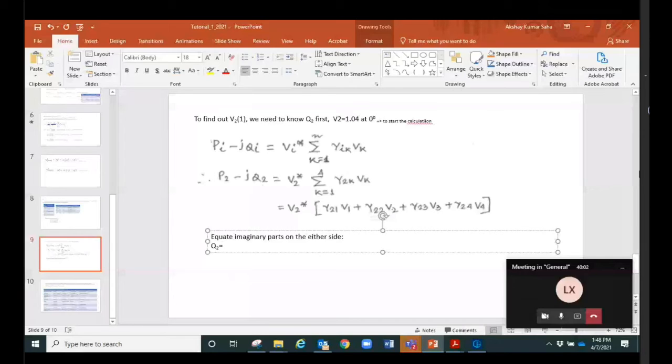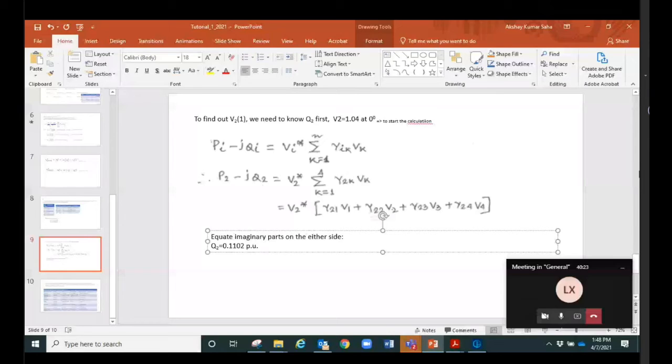I got the value of Q2 is equal to 0.1102 per unit. You will verify it. You will need to do these intermediate steps by yourself. If you don't do that, then you will not learn how to get this value. So Q2 is 0.1102.